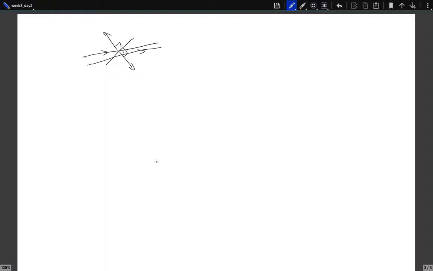So if you have such an area, and the electric field lines are going like this, and if we count this one as +1, this one will be -1. So the total number of electric field lines passing through that area will be 0. Which one to count as plus, which one to count as minus, is up to you. You can choose, as long as you are consistent.